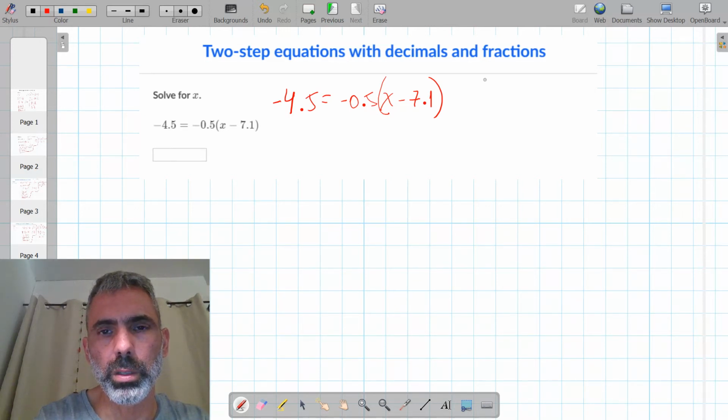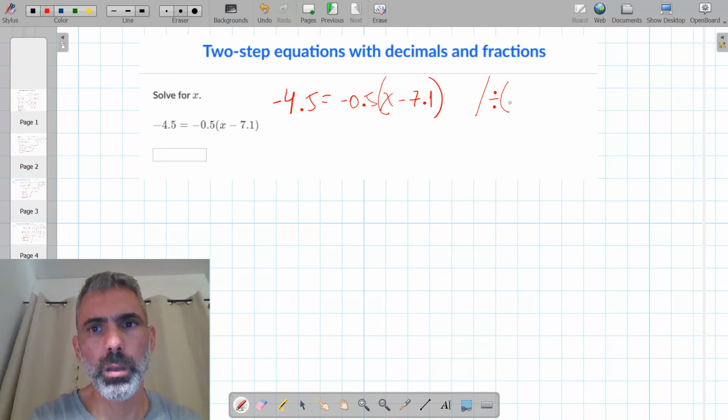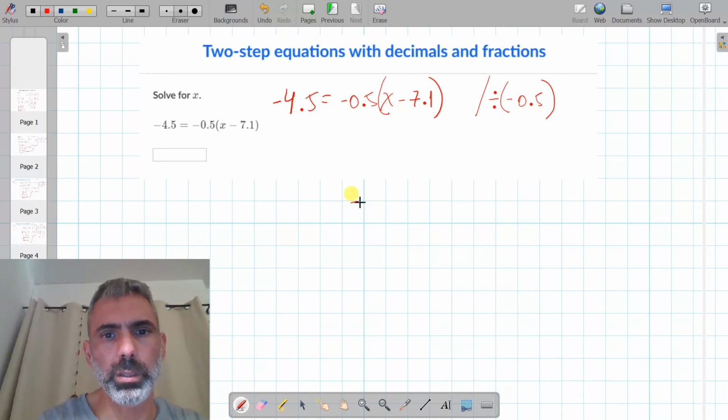So I will divide both sides of the equation by minus 0.5. Okay, so on the right hand side I'm left with just the parentheses, which is x minus 7.1.